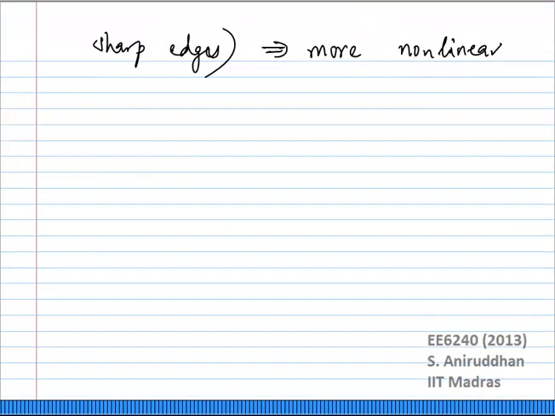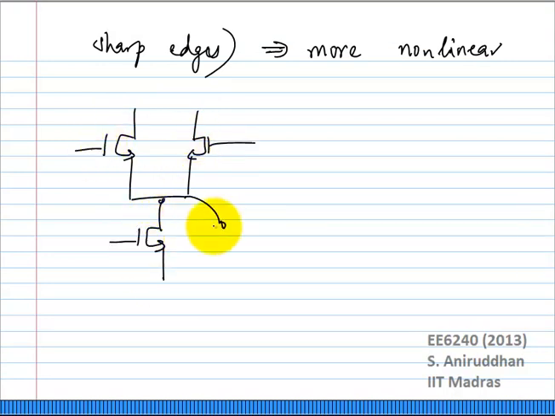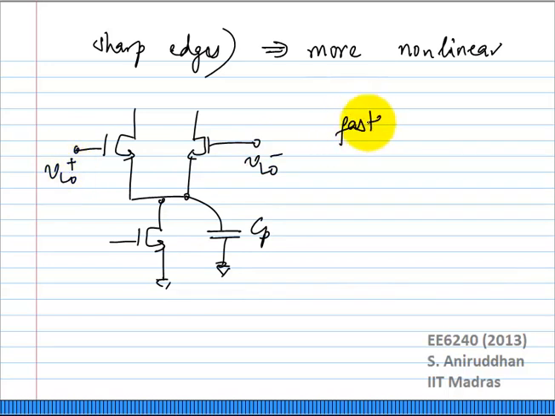Apart from this, the other component we looked at, if you look at the component of CP, so if you want faster switching, what we said was this directly relates to the lower overdrive.